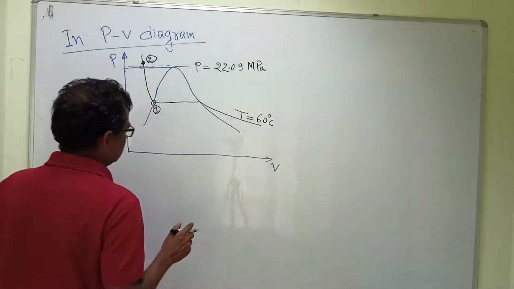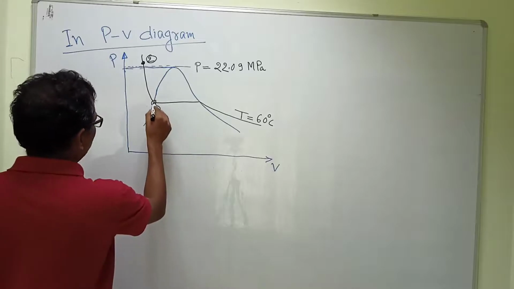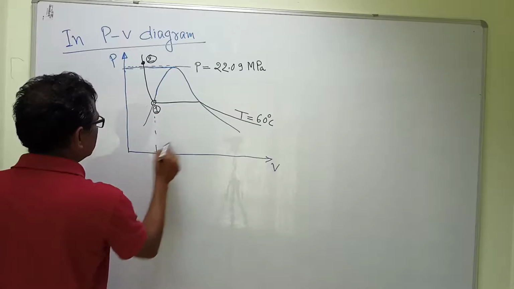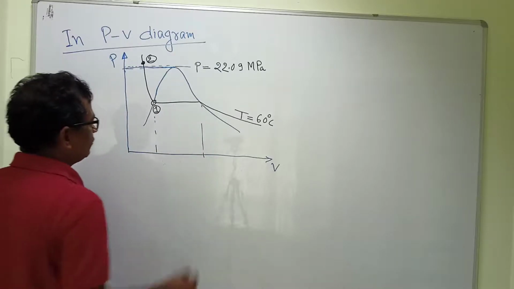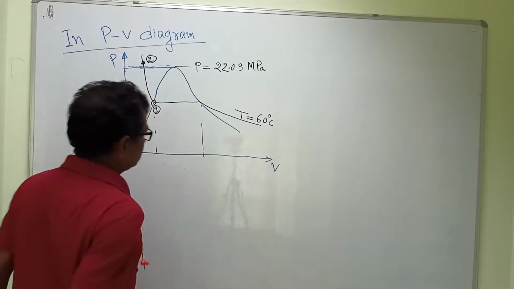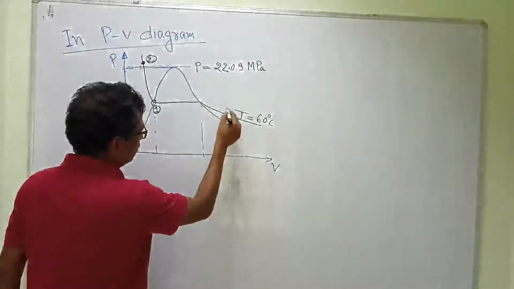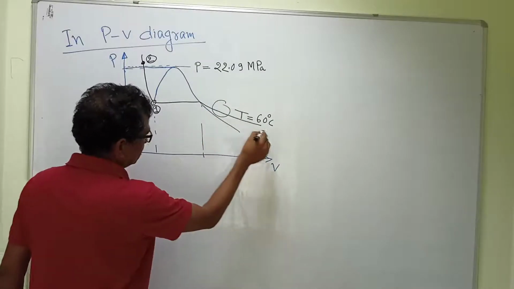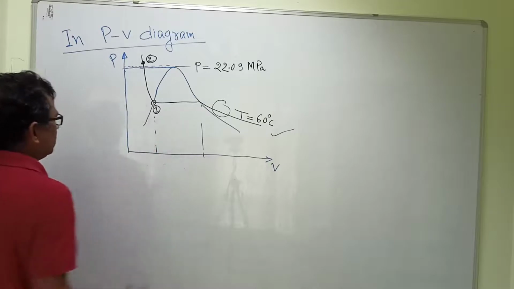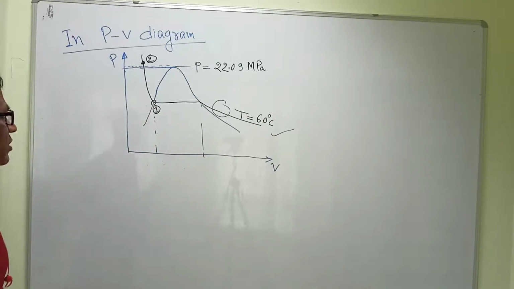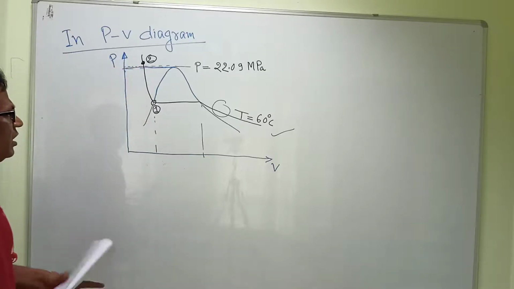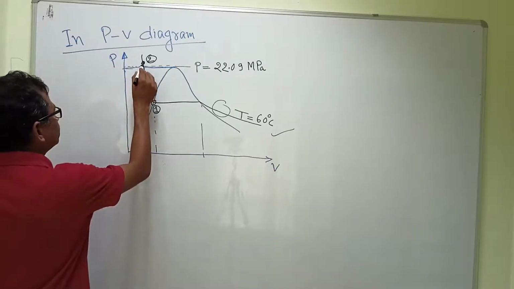One more thing is interesting here: in the two-phase region, the change in specific volume is from this value to this value. After that, it tries to reach PV equal to constant at constant temperature, like an ideal gas. It will not be so ideal around this, but in this region it will be ideal. But in the compressed liquid region, tremendous pressure is required to reduce a little amount of volume, just 1%.